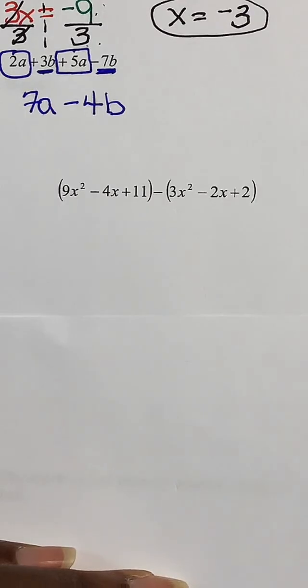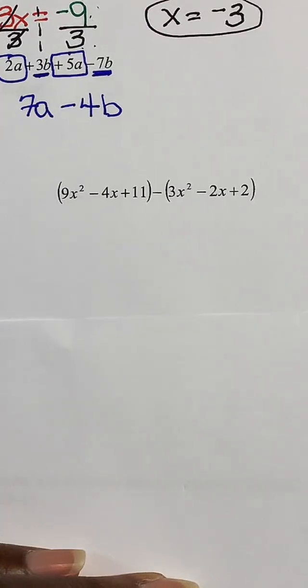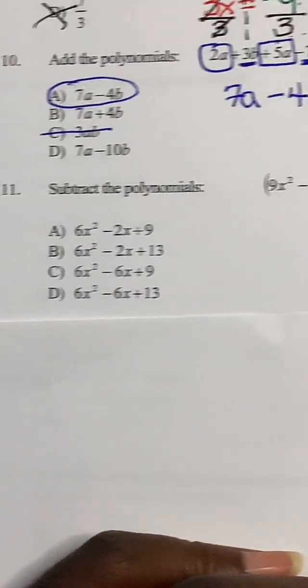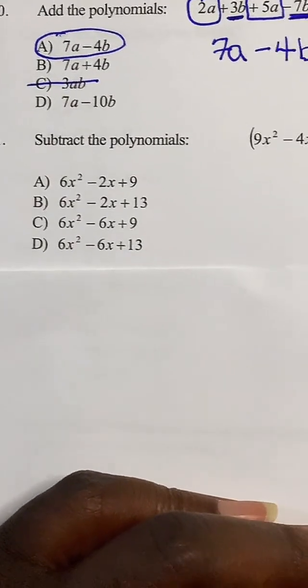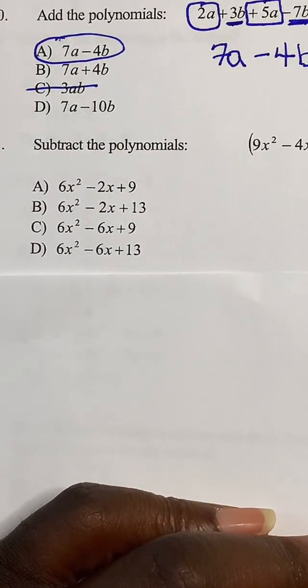Because I feel like everyone's like, what does that say? Okay, so 9x squared minus 4x plus 11 minus 3x squared minus 2x plus 2. Okay, I'm going to show the answer choices in 5, 4, 3, 2, 1. These are the answer choices.